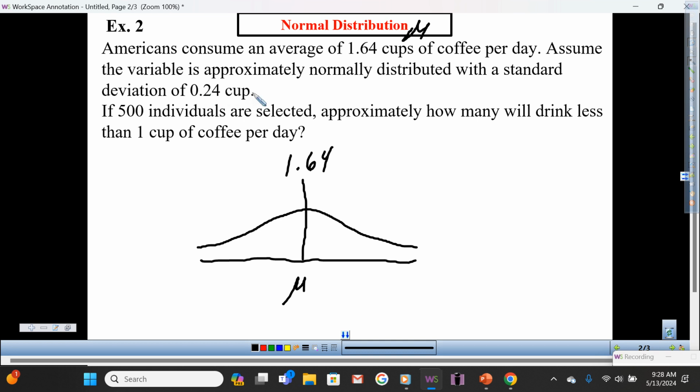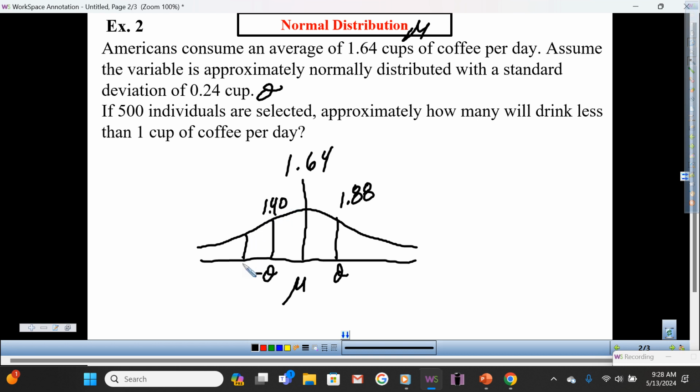So standard deviation is 0.24. So calculate. One standard deviation up, we should be at what? 1.88. About one standard deviation below? 1.40.